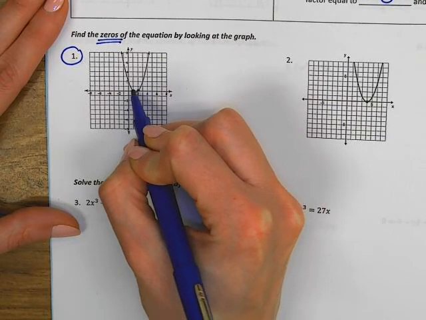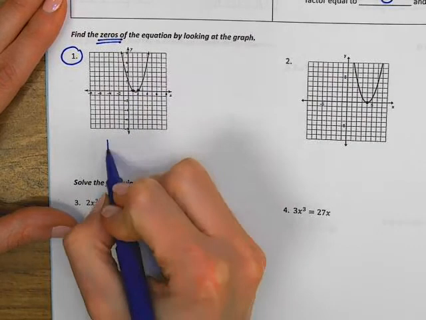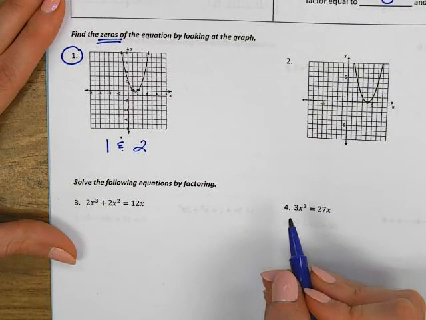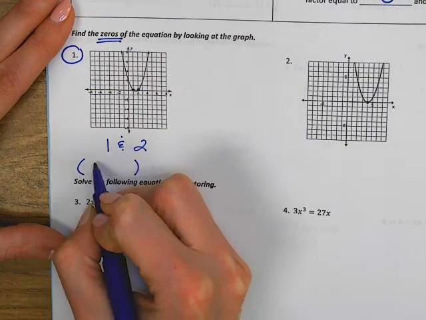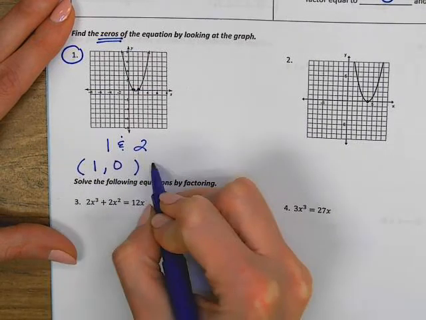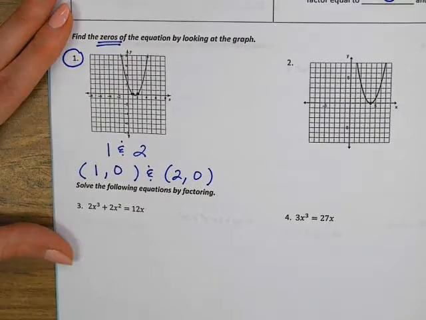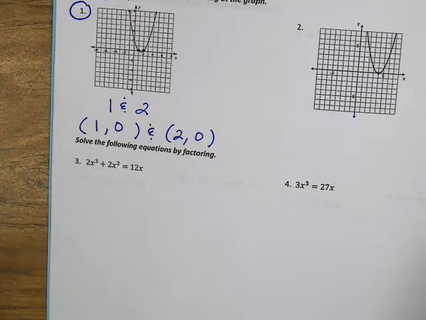What are those two x values? It looks like 1 and 2. So the solutions are at x equals 1 and x equals 2. Even better, if you want to write them as ordered pairs, it's (1, 0) and (2, 0), because zeros are x-intercepts. The y value is always 0.